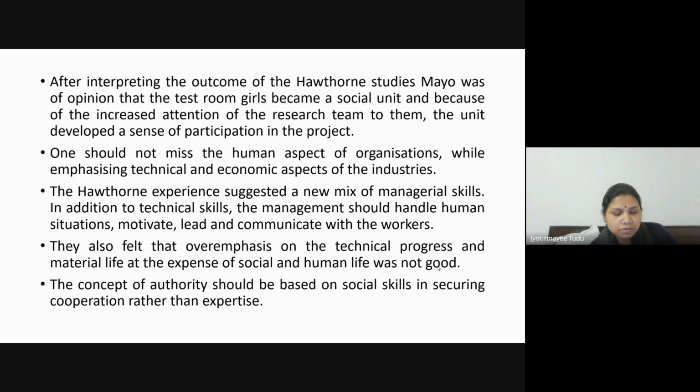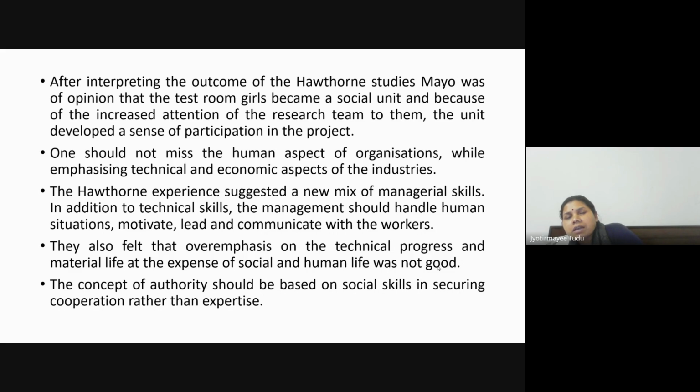So, they have to also take into account the human aspect of the organization. And also, it suggested a new mix of managerial skills in addition to the technical skills. So, the management should handle human situations, motivate, lead, and communicate with the workers.